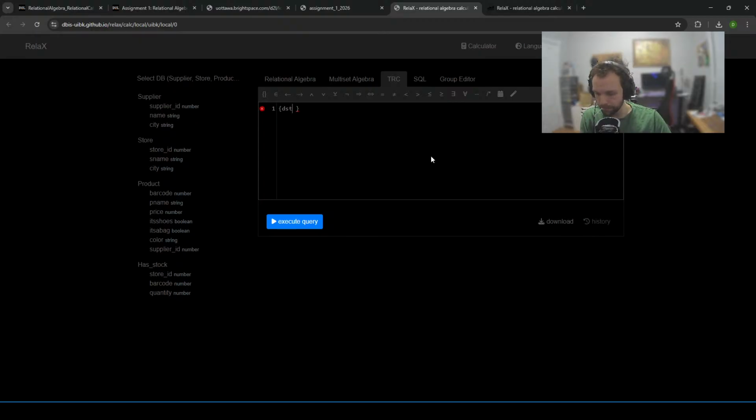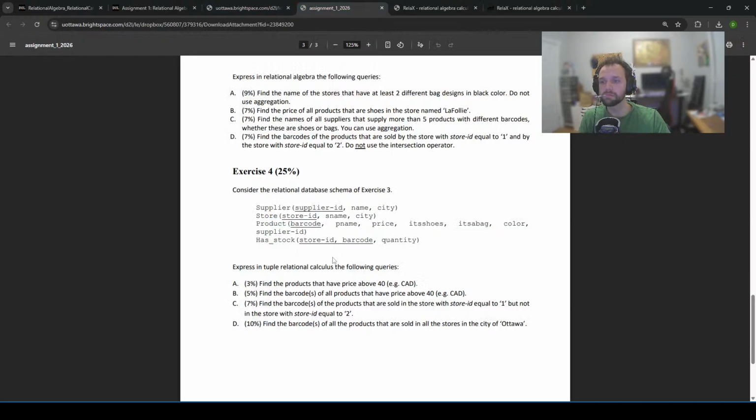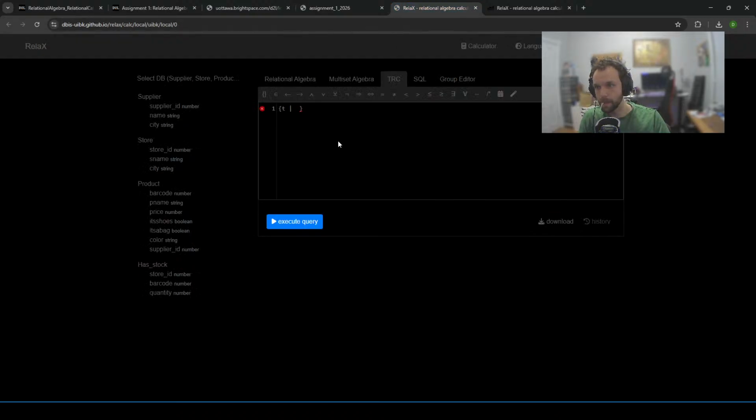We're looking for tuples so long as, what are we looking for again? Products that have a price above 40. Okay. Written product.